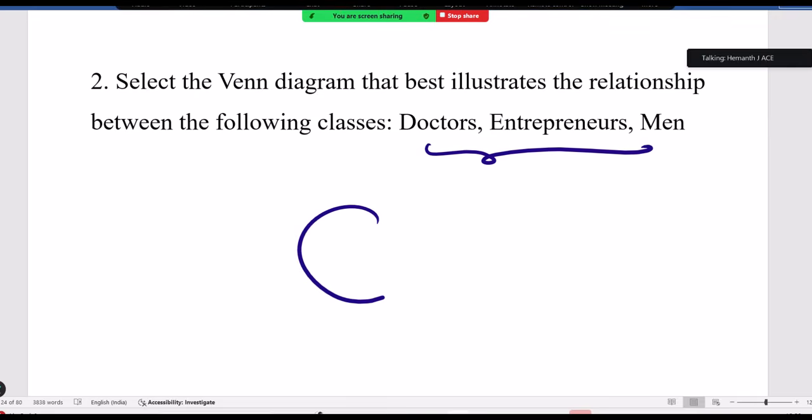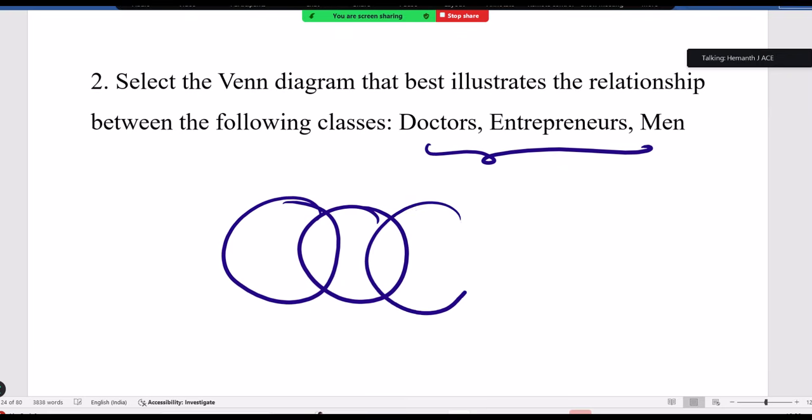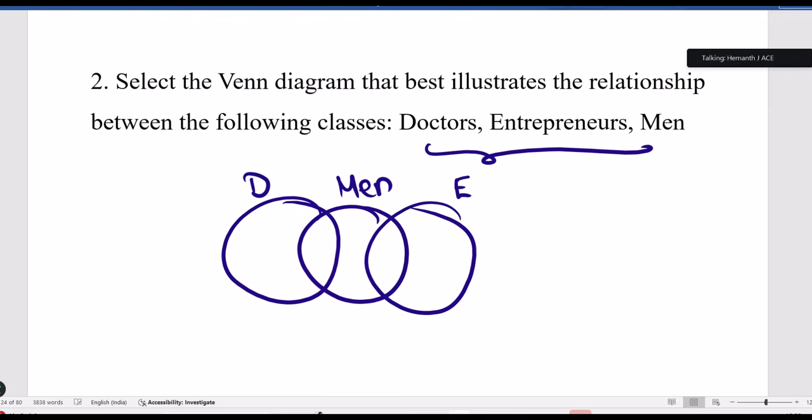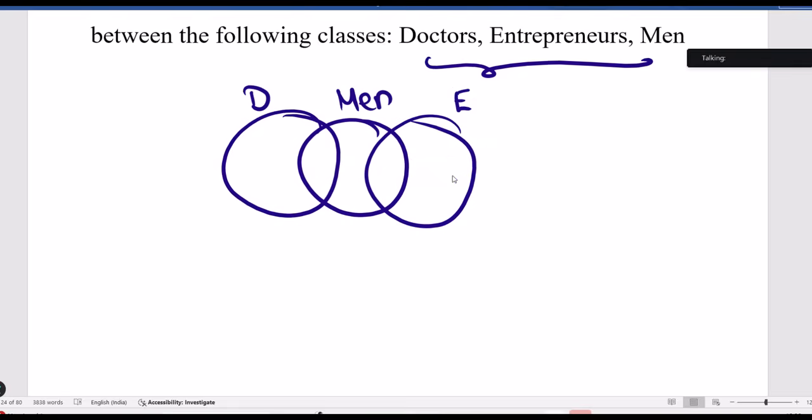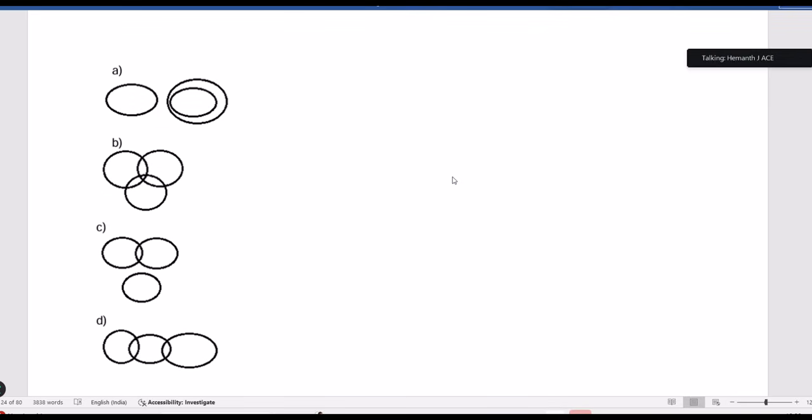So I can say men here, doctors here, entrepreneurs here. If this is men, some men are doctors, some men are entrepreneurs, business persons, right? This might be the most suitable diagram connecting these three. I'll show the options. Yeah, option D is correct.